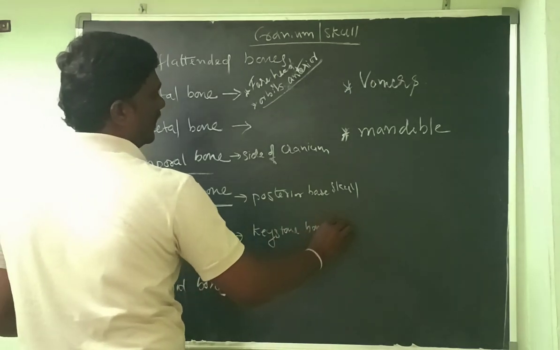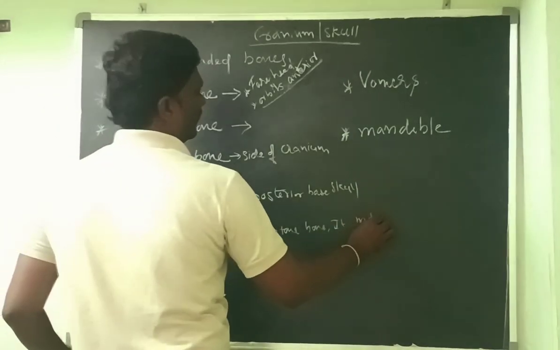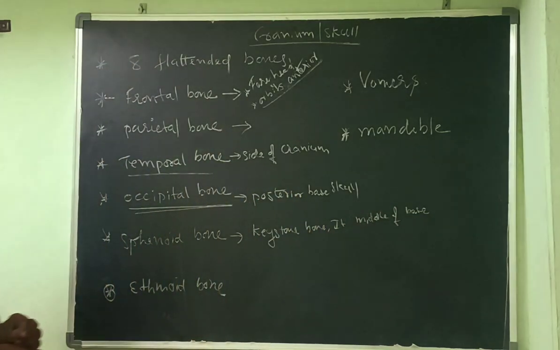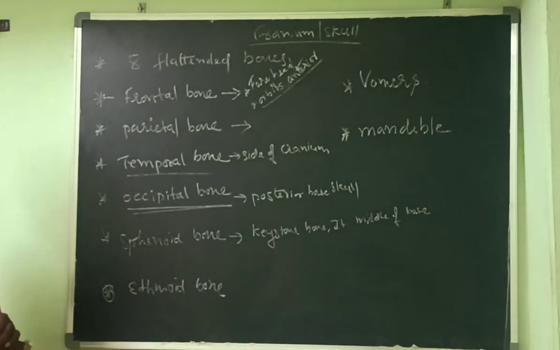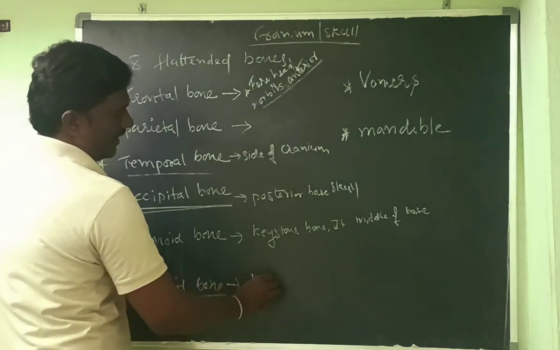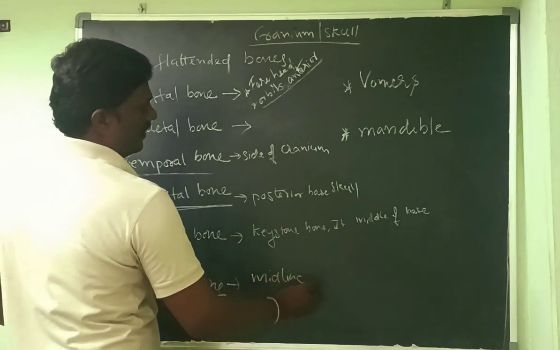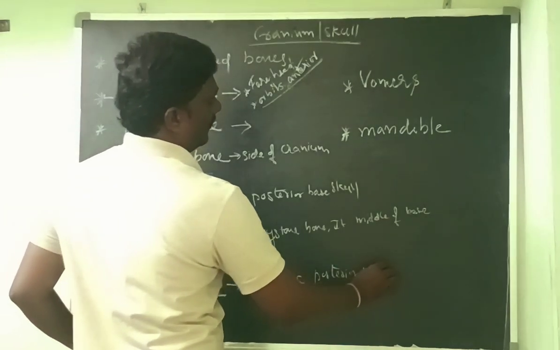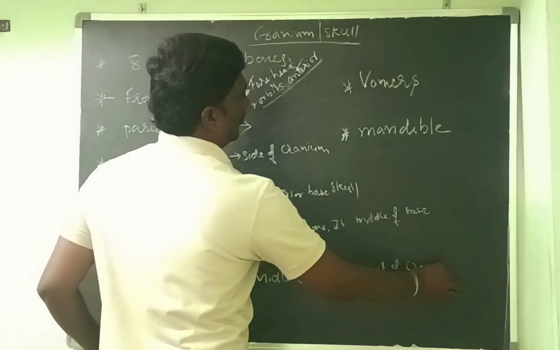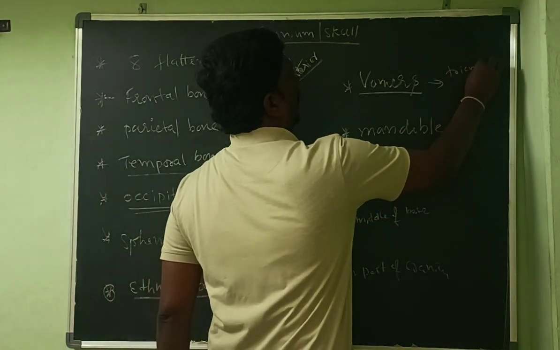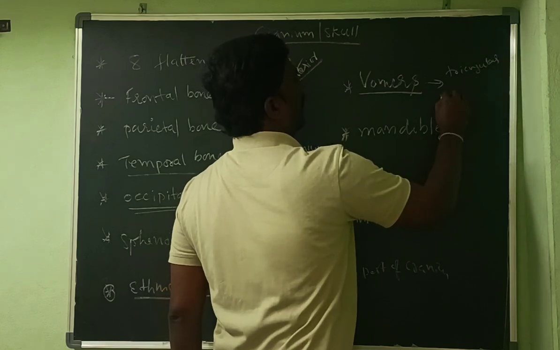The sphenoid bone is the keystone bone. It is present in the middle of the base of the skull. Next one is the ethmoid bone, which is midline in the posterior part of the cranium. The vomer forms two triangular bones of the nasal cavity.